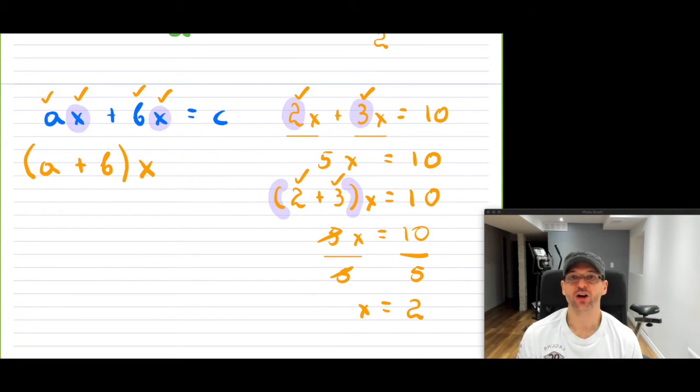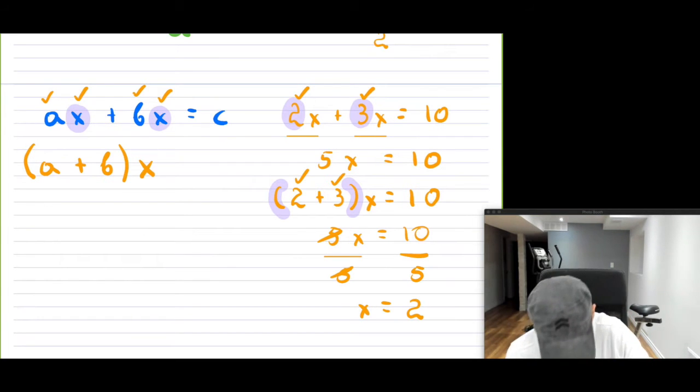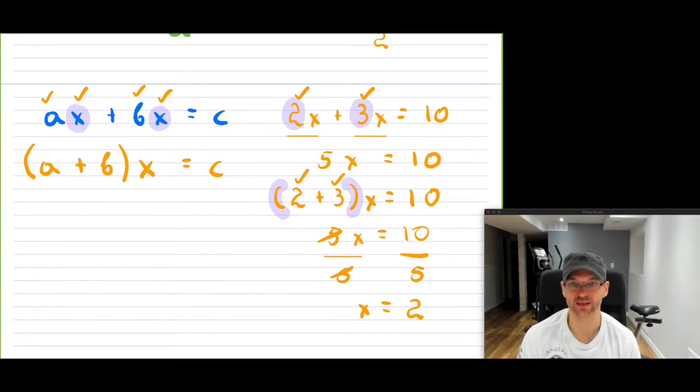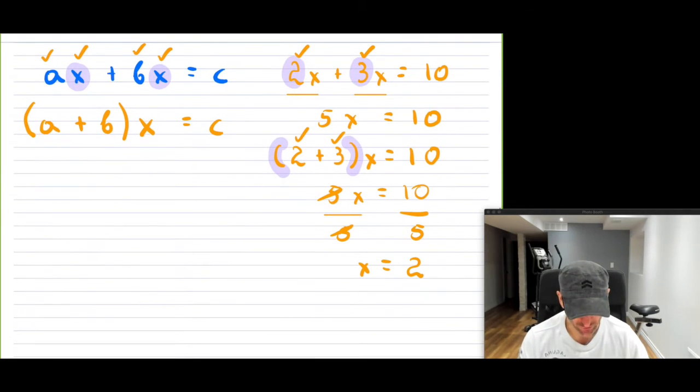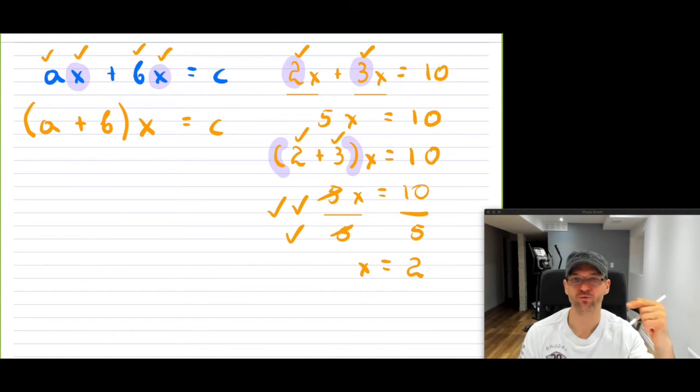Now, I cannot add the a and the b because I don't know what the numbers are. So the a and the b just stays in brackets. And now I have this is equal to c. And notice that a plus b was equal to 5 in this step right there, because I could add them. But then what did you do to get rid of the 5?